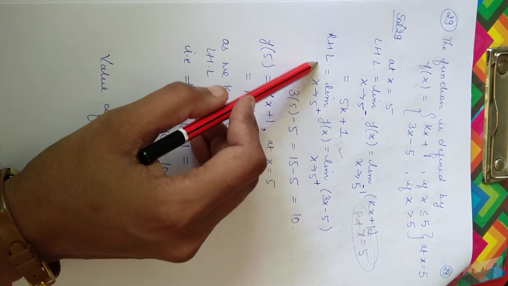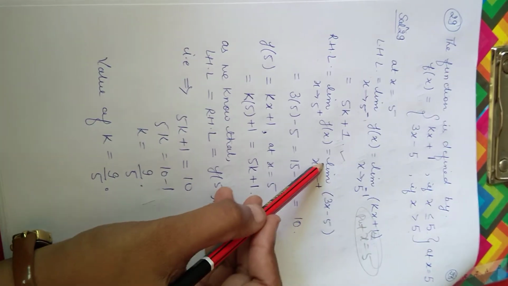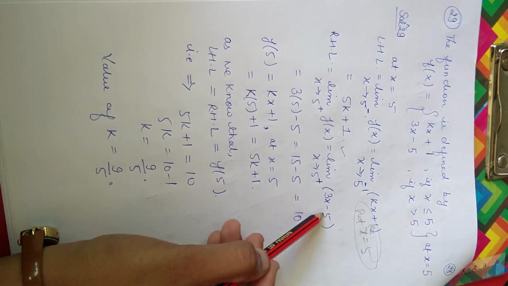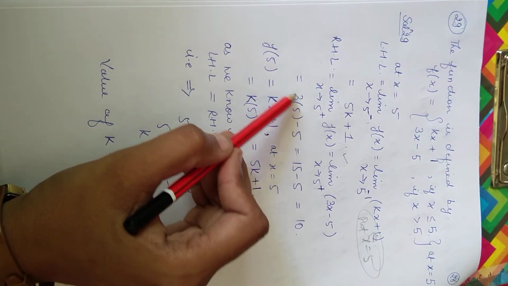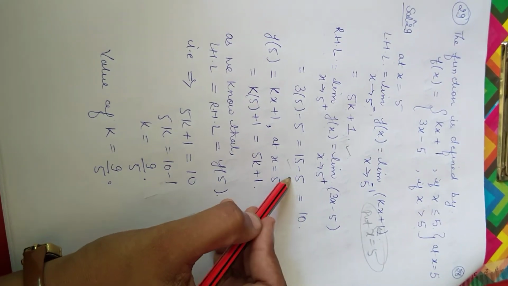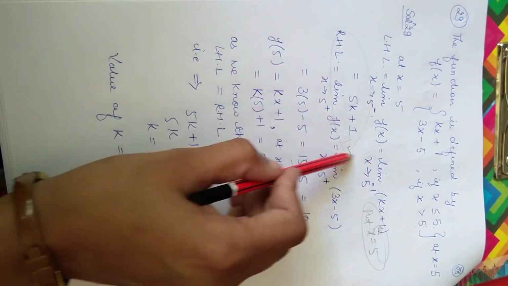And your RHL value is limit of x tends to 5 positive of f(x), that is 3x minus 5. Now here 3 into 5 minus 5 will give 15 minus 5, and finally 10. So I have got two values.